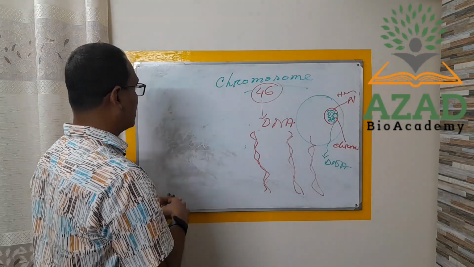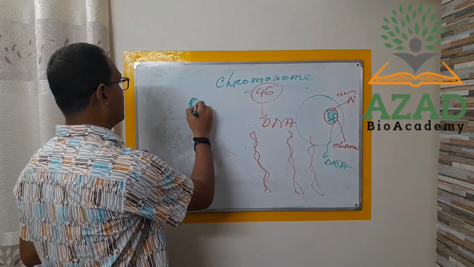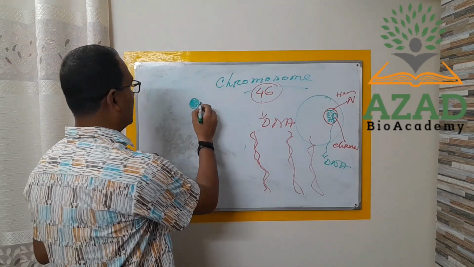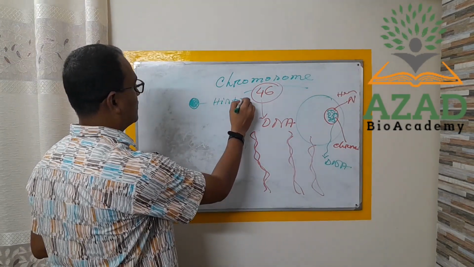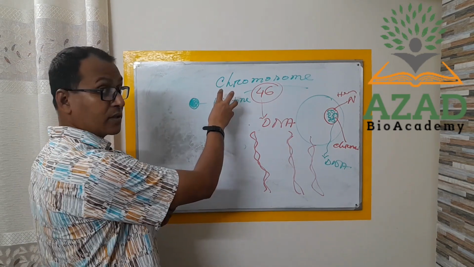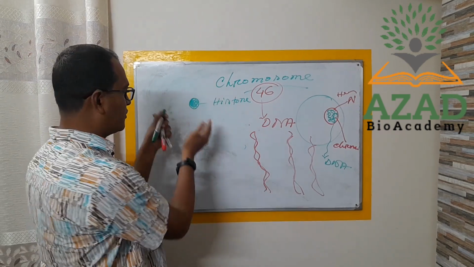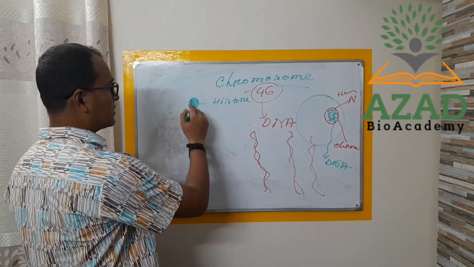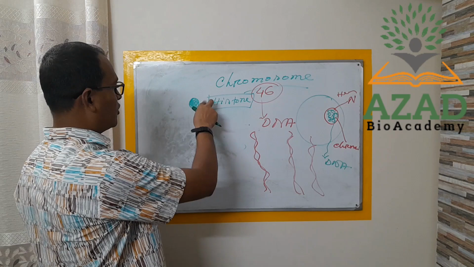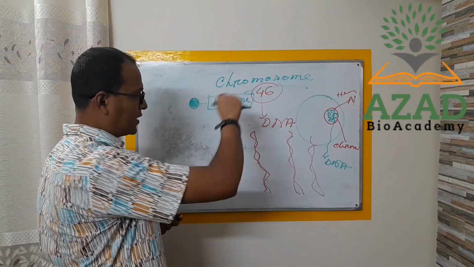Firstly, there is a protein complex, a protein like histone. That histone protein has different subunits. The total number of subunits is 8, so it forms an octamer, and that octamer histone protein is one of the basic things on which the DNA will wrap up.